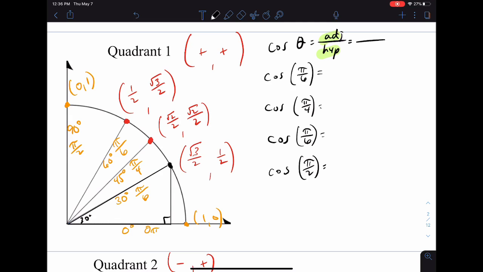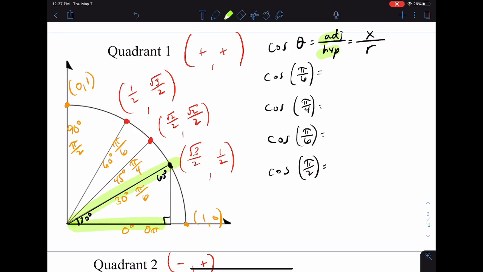This is the angle that we're using, then 60 and 90. Adjacent is always going to be that side there, for every triangle. Well, that's x. So this is x, and the hypotenuse we know is always going to be r, the radius.